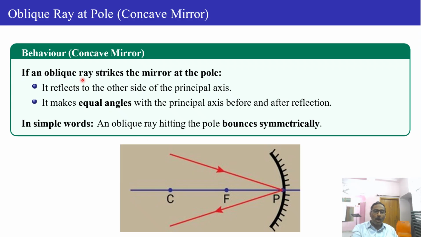So if an oblique ray strikes the mirror at the pole, it reflects to the other side of the principal axis. It makes equal angles with the principal axis. Here the angle with the principal axis, and here also the angle will be the same.